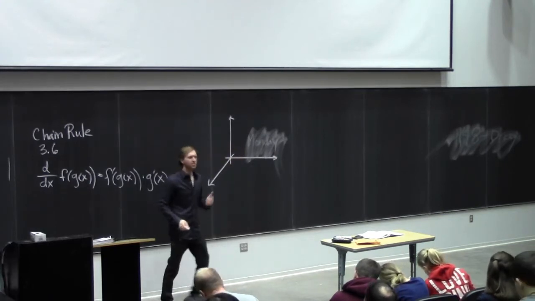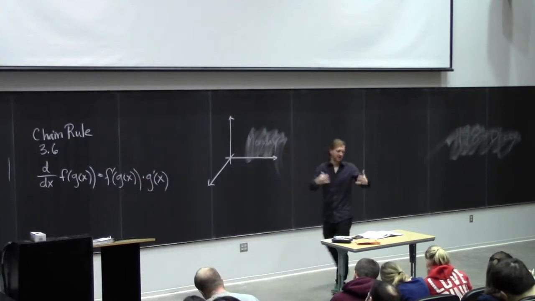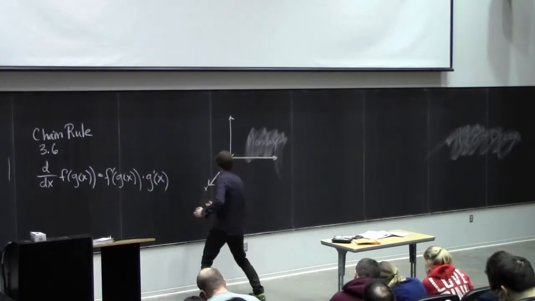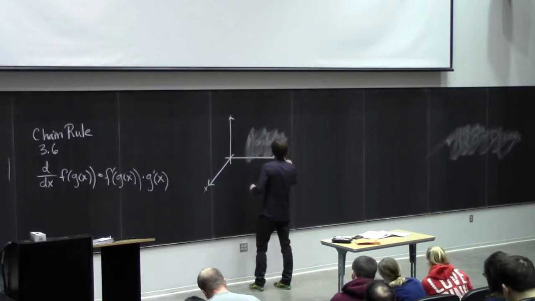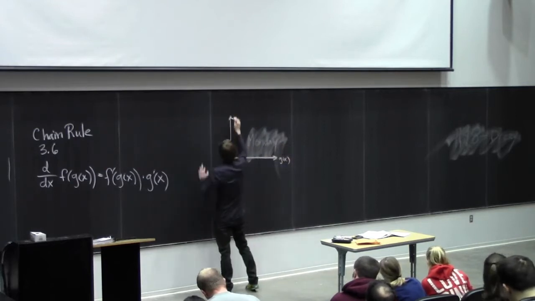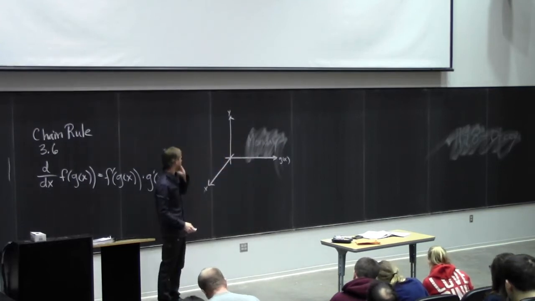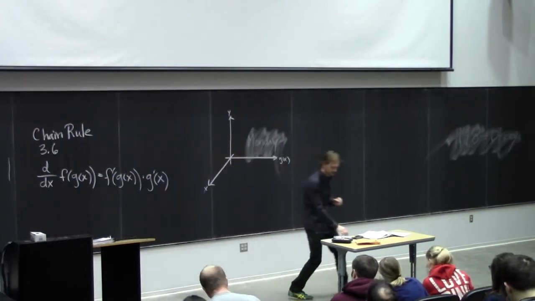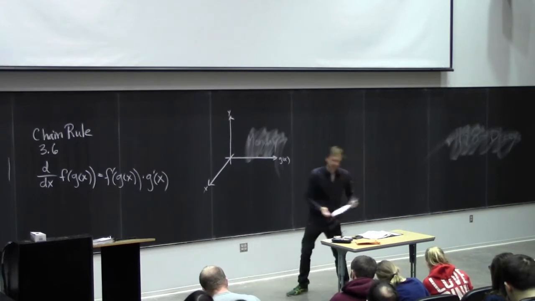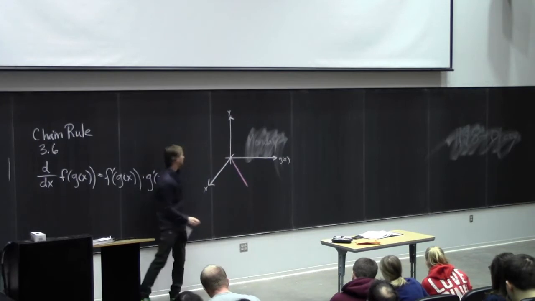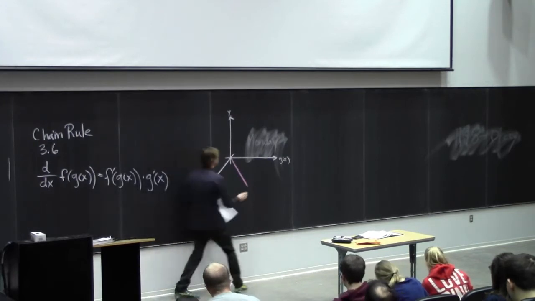Here I have a 3D picture. It's supposed to be coming out of the board. I'm going to label this axis x. This is going to be g of x. And here, this will be y, and we're plotting f of x here. Here is g.